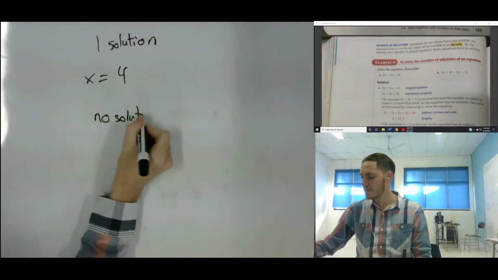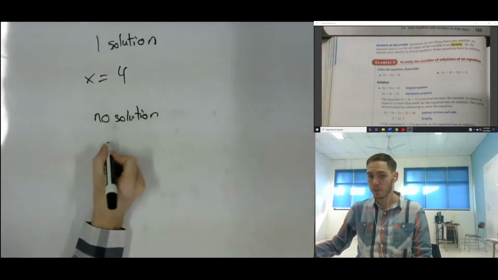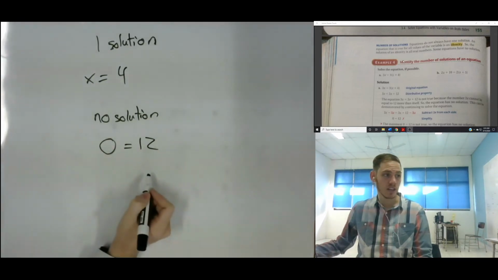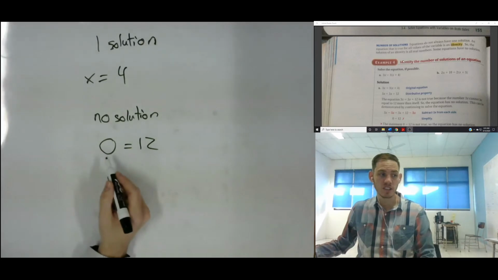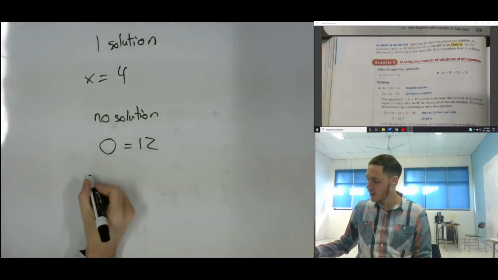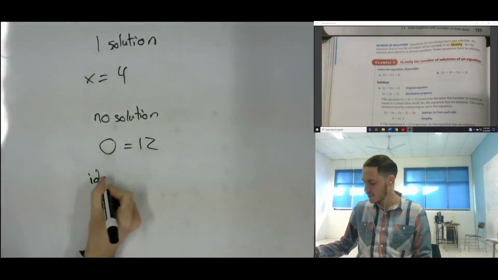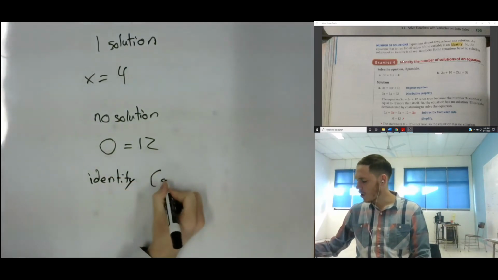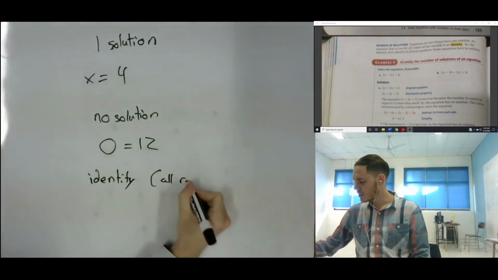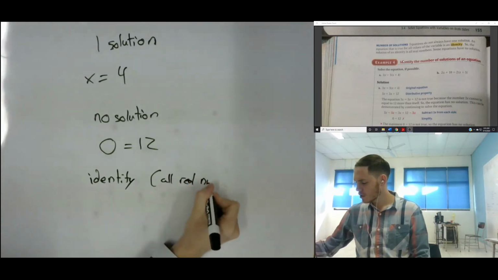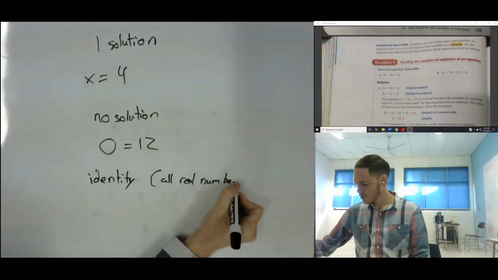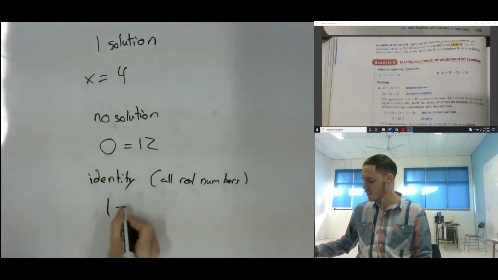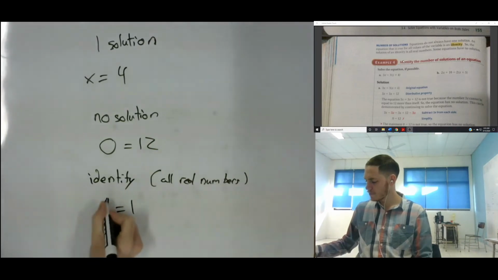Okay, no solutions. It's a statement that is not true. An example would be 0 equals 12. Okay, that is no solution, where the statement is false, 0 equals 12. Okay, finally, the identity, or this is all real numbers, is going to be where you have a number equal to itself.